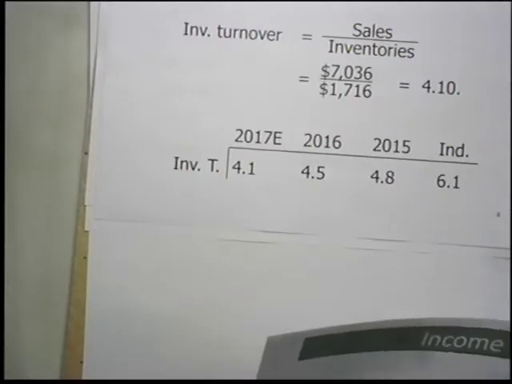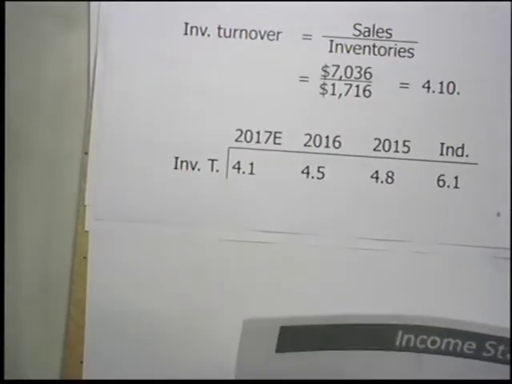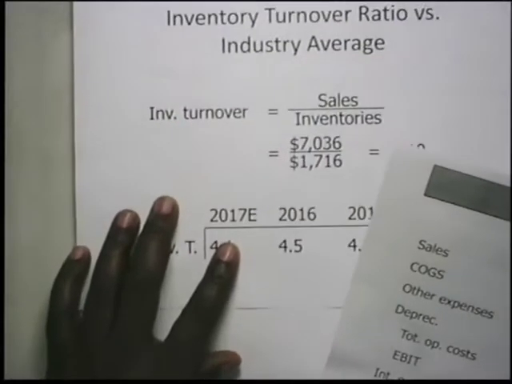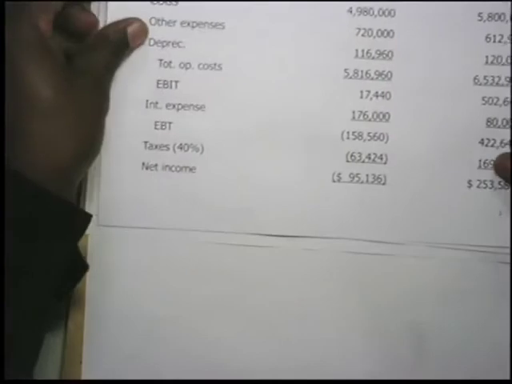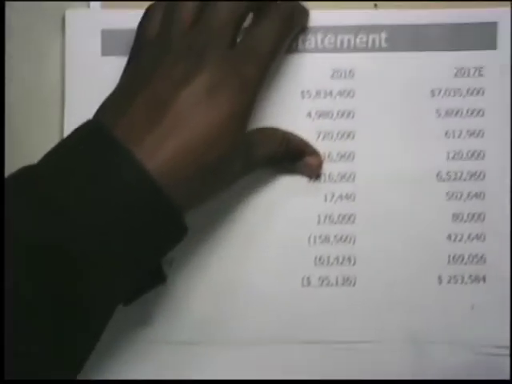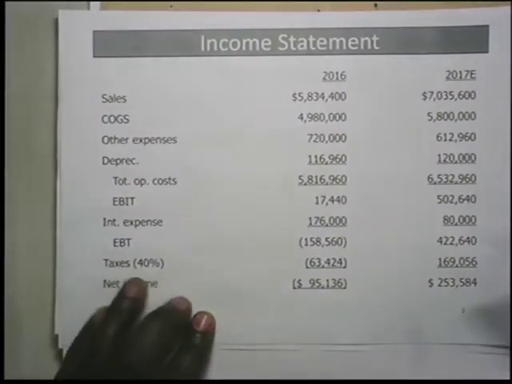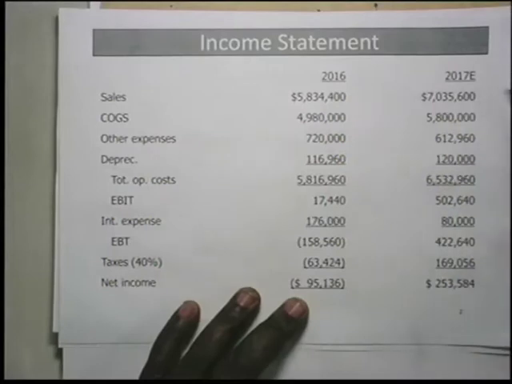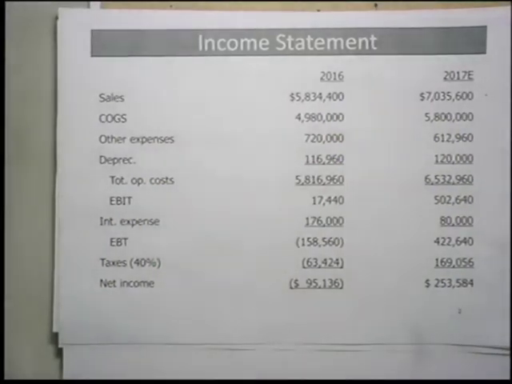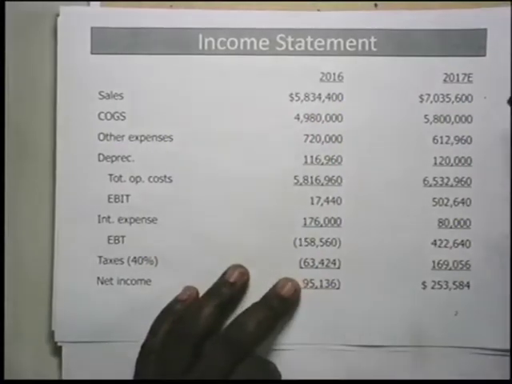And sales, we get them from the income statement. Right, where are you, income statement? There we are. That is our income statement. Let me push it down. Okay, for 2017, remember we're focusing on 2017. Sales figure, there we are. 7,035,600.